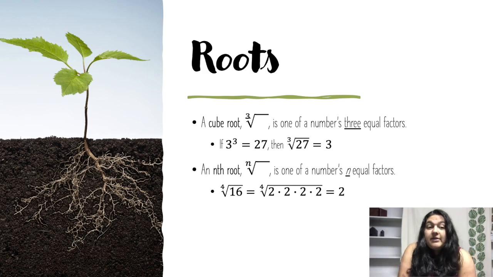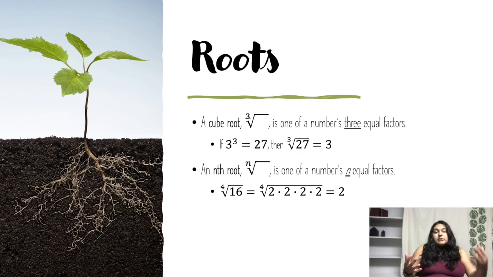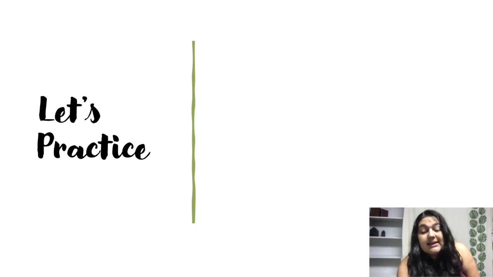So here we have a 4th root, which means there are 4 equal factors that multiply up to this 16. So here we have 2 times 2 times 2 times 2. So we have 2 times 2, that's 4. 4 times 2 is 8, and 8 times 2 is 16. So that does multiply up to 16, and they are 4 equal terms. We take that 4th root, and that's 2.